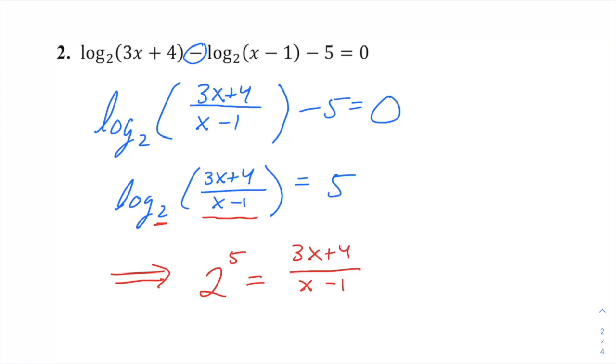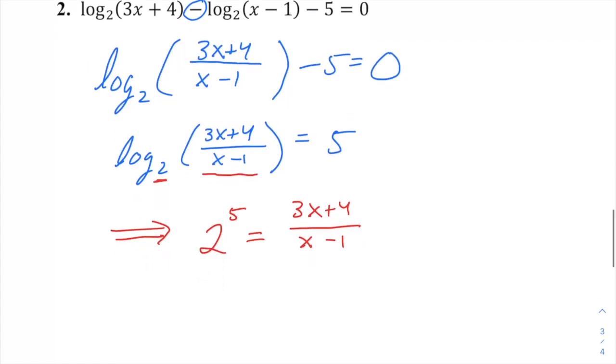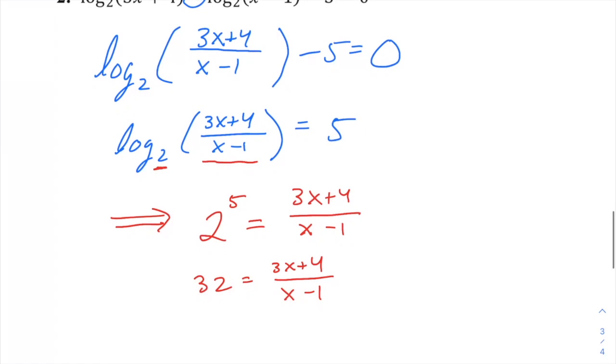And now you see, hey, now it's just an equation. There's no log in it. So now it's just algebra again. So 2 to the 5th is 32. And now, hey, just solve this, cross multiply, whatever you like to do. Going to cross multiply there. 32 times x minus 1 will be 32x minus 32. Don't forget to distribute. Equals 3x plus 4 times 1, 3x plus 4.